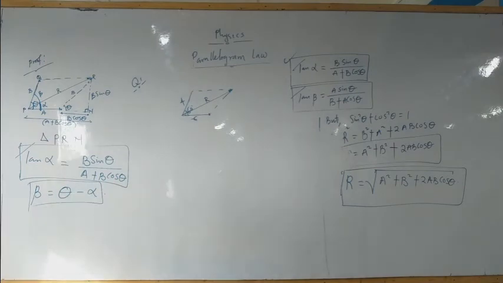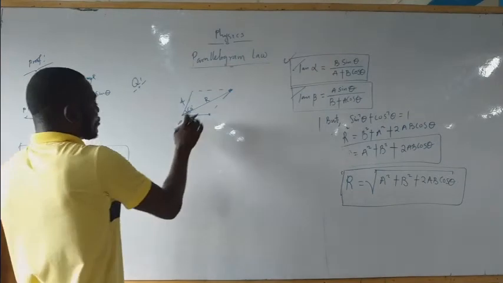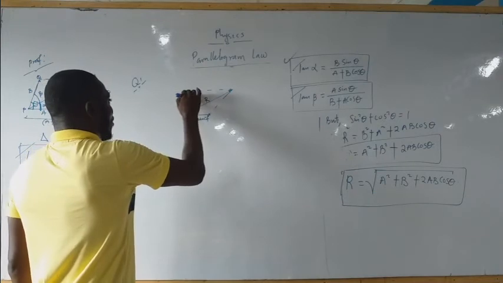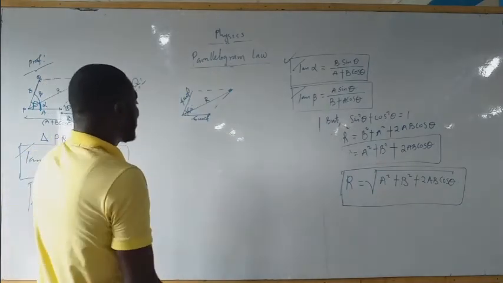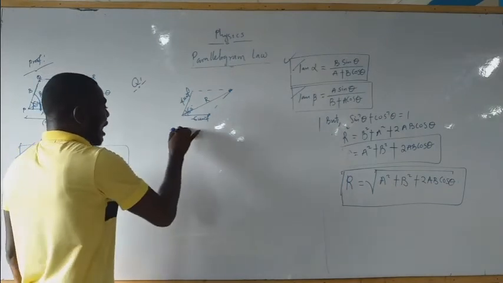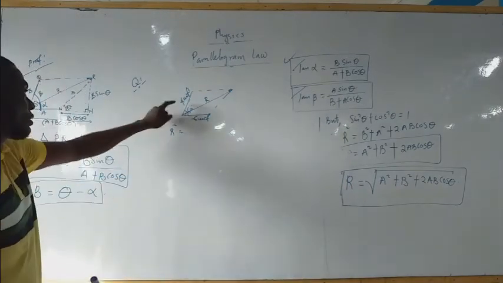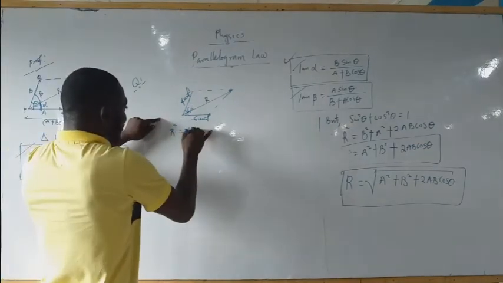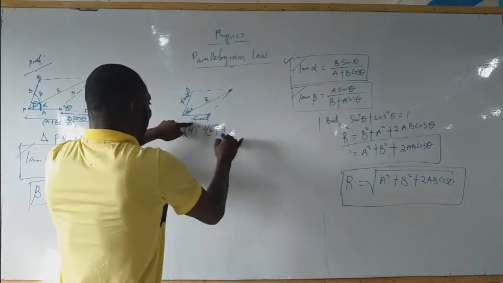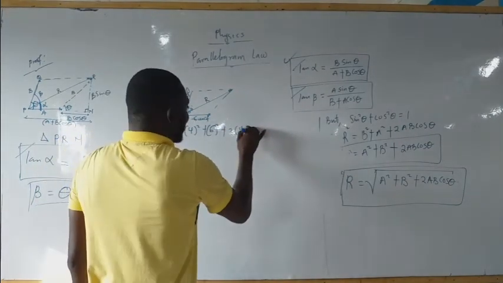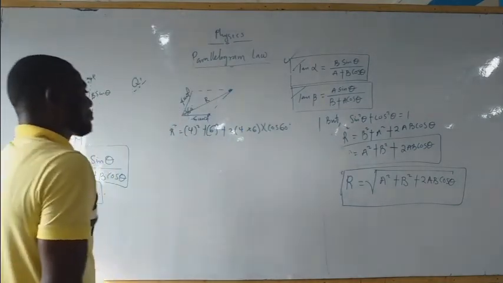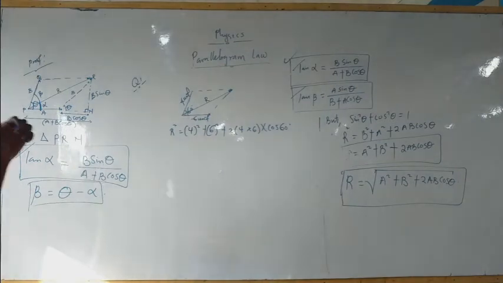What will be the resultant? Using our formula, this is 6 units and this is 4 units. The resultant R squared will be equal to 4 squared plus 6 squared plus 2 into bracket 4 times 6 times cos 60 degrees.